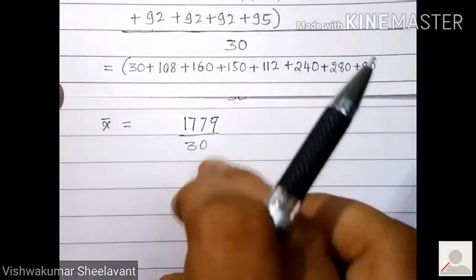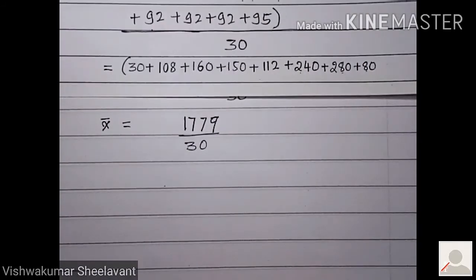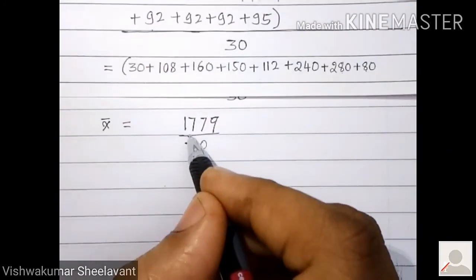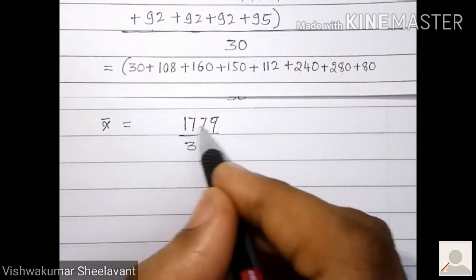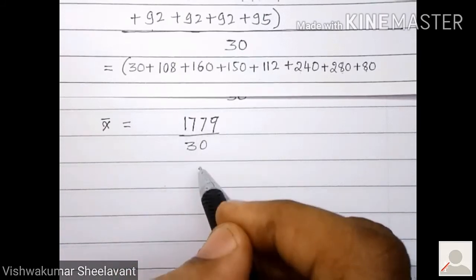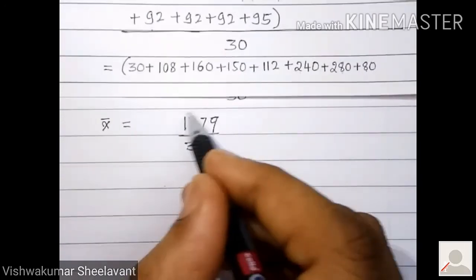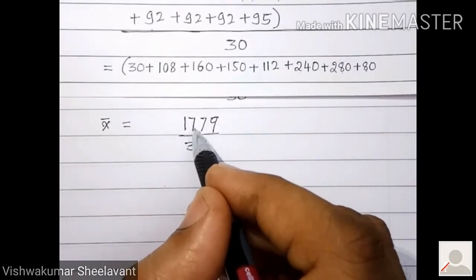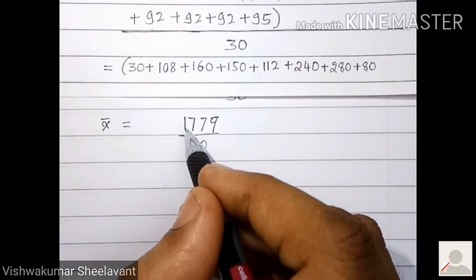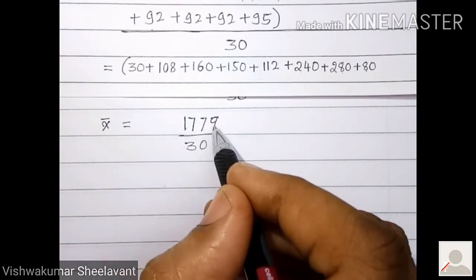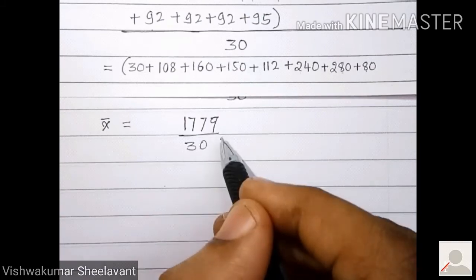Now to carry out division. Is 1779 divisible by 30 now? To check that you have to add all digits. 7 plus 7 14. 14 plus 1 15. 15 plus 9 24. 24 is divisible by 3.